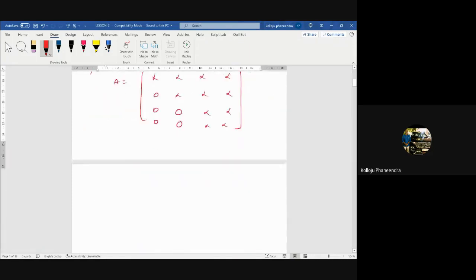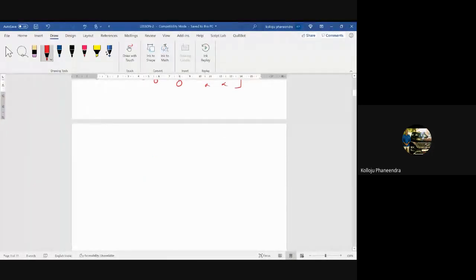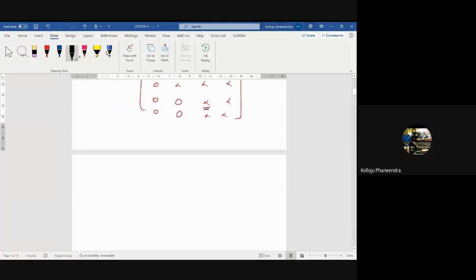After this step, next one is: now in the third row, this is the first non-zero element. Before the first non-zero element, how many zeros are here? 2 zeros are there. So in the next row, there must be more than 2 zeros. Therefore, now this is the pivot value or key value.